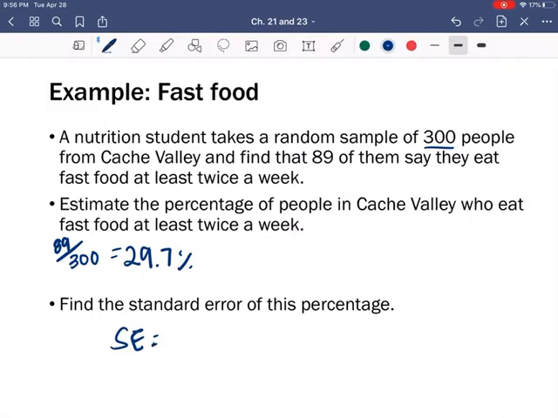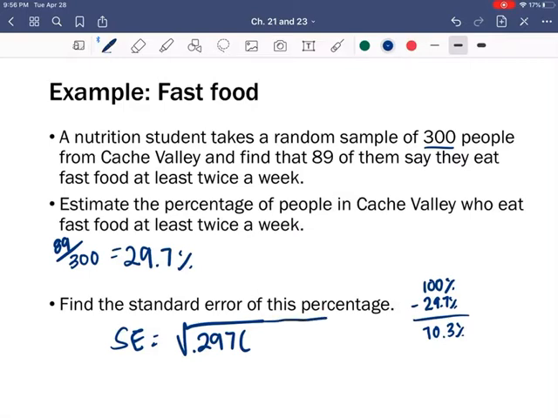The standard error is the square root of 0.297 times, let's do some quick math here, 100% minus 29.7% is 70.3%. So the percent of ones, or the percent of people who do eat fast food twice a week, is 0.297. The percent that do not is 0.703, divided by the square root of the number of draws.